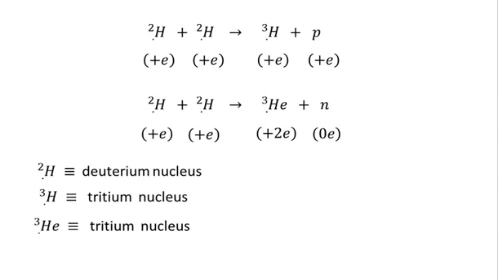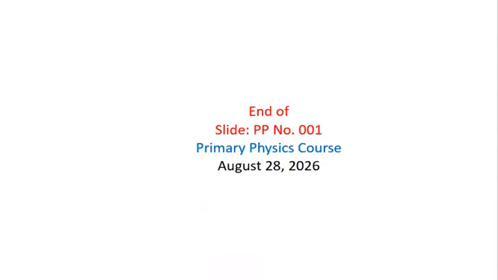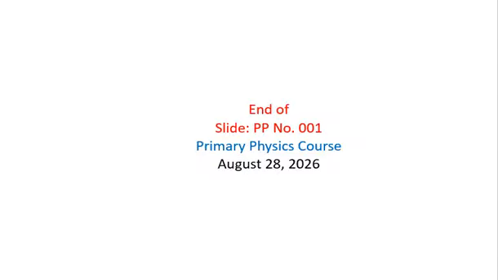The charge is found to be conserved. So the conservation of charge can help us determine the authenticity of a reaction. This is the end of slide number 1 of the primary course in physics.